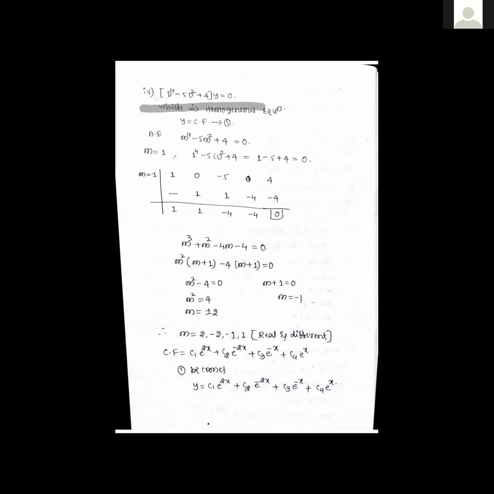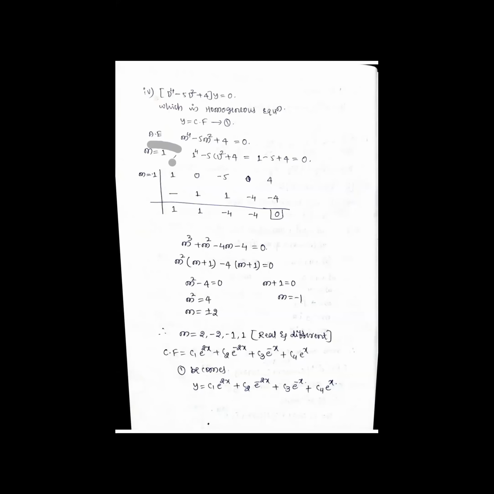So next, the next example I'll move to, that is D raised to 4 minus 5D square plus 4 into y equal to 0. So here they have given it to you directly, so no need to write that. You substitute m equal to 1, or -1, -2, anything.